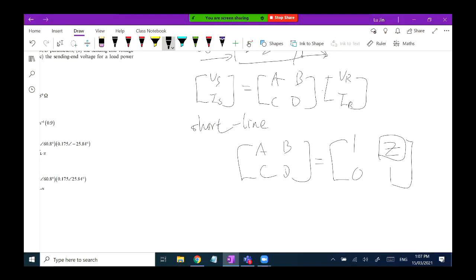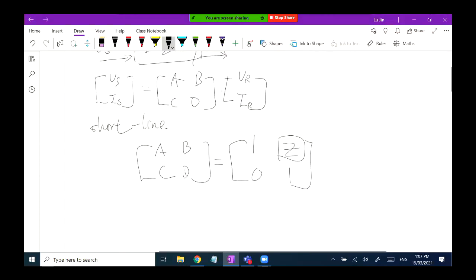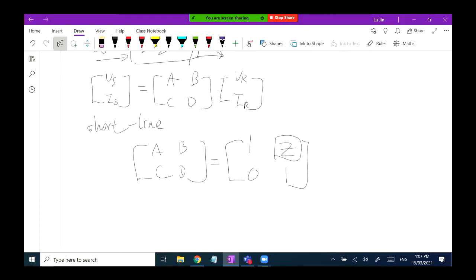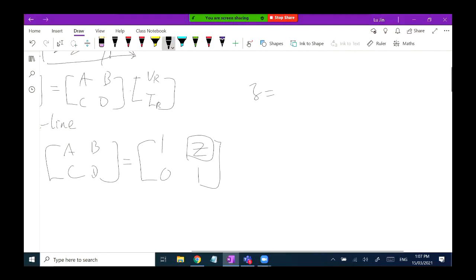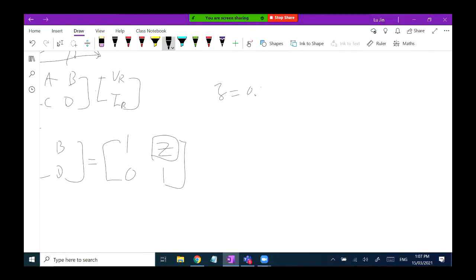This Z is the total impedance of the transmission line. For a unit length of line, the impedance is, I can't remember the value, but I copied it from the hard copy, 0.19 + j0.34 ohms per kilometer.